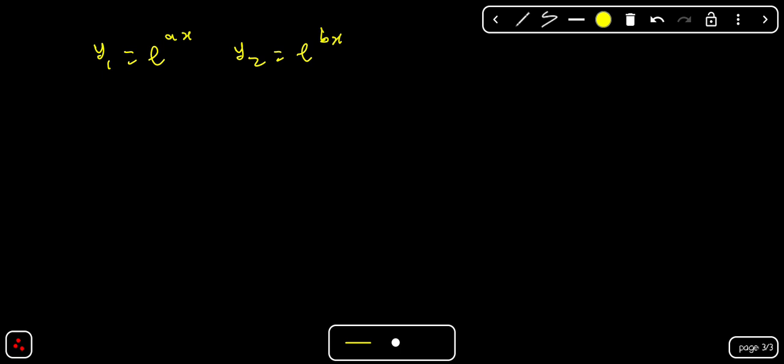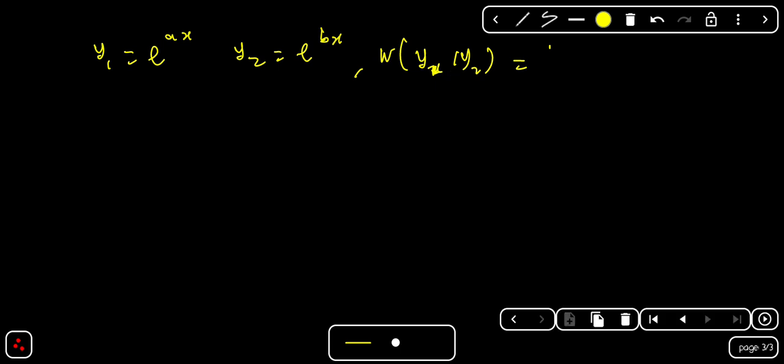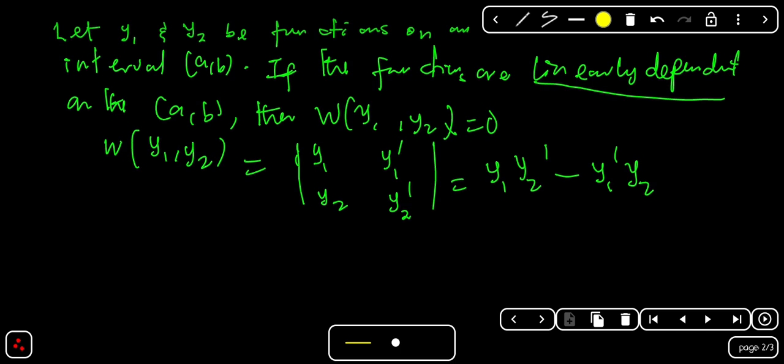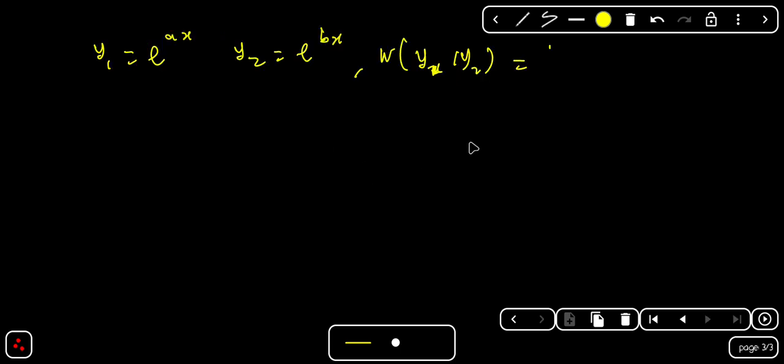From the formula I gave you, if you want to find the Wronskian of two given functions y1, y2, it is the determinant of the 2 by 2 matrix, which gives y1 y2 prime minus y1 prime y2.